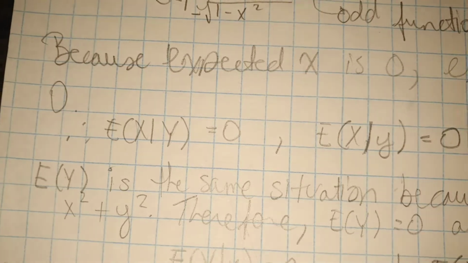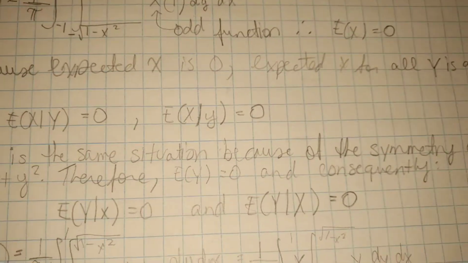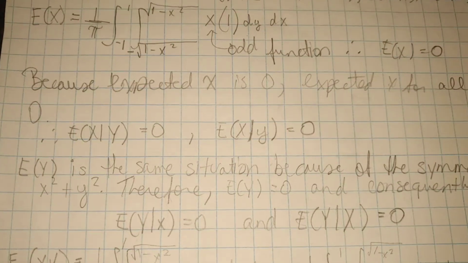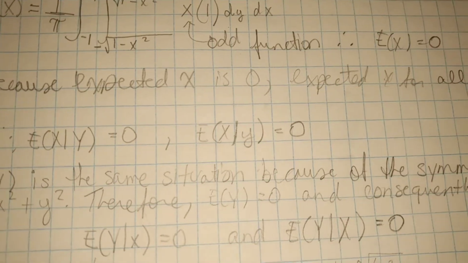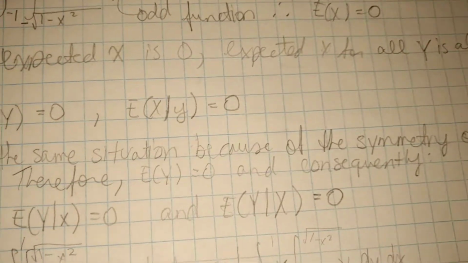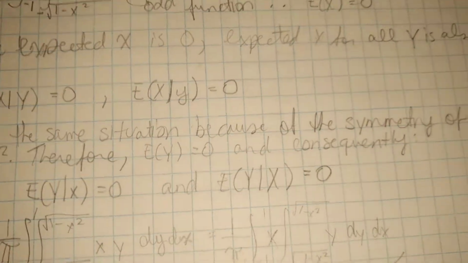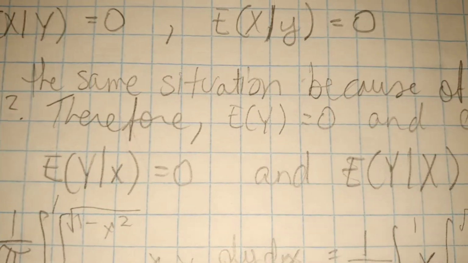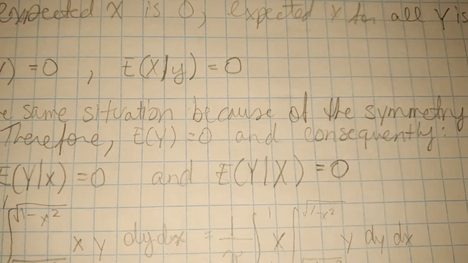When we look at E of y, it's the same situation because of the symmetry of x squared plus y squared. So E of y is equal to 0, and consequently E of y given a value x is equal to 0, and E of y given the variable x is equal to 0 also.